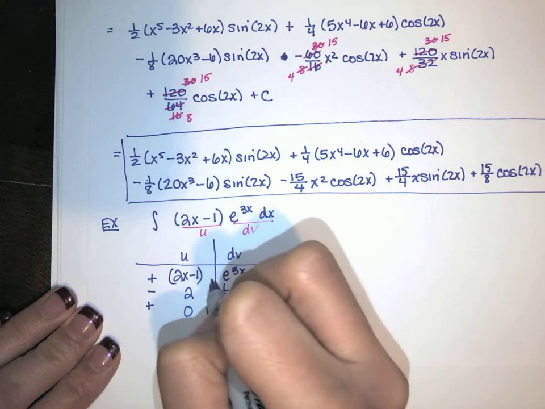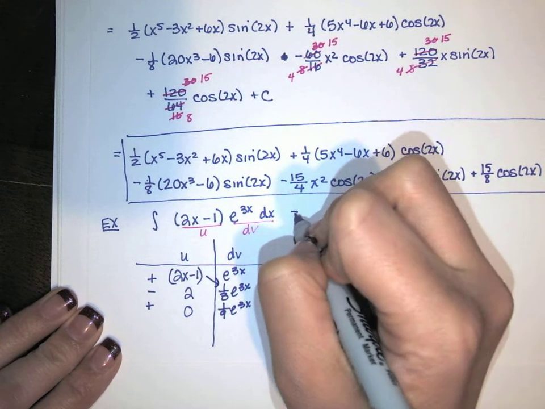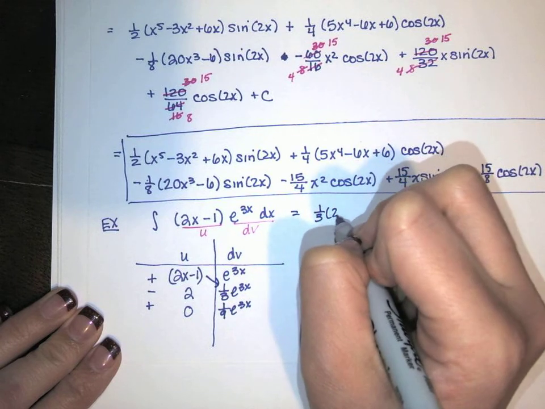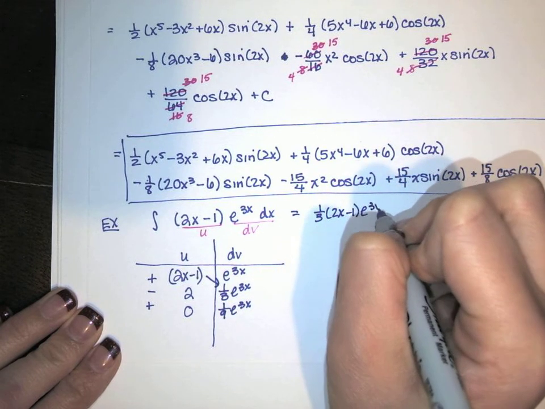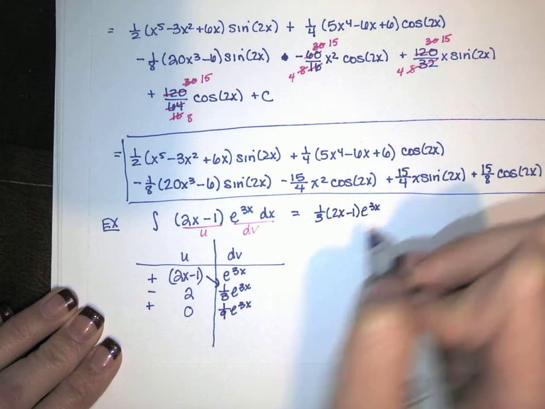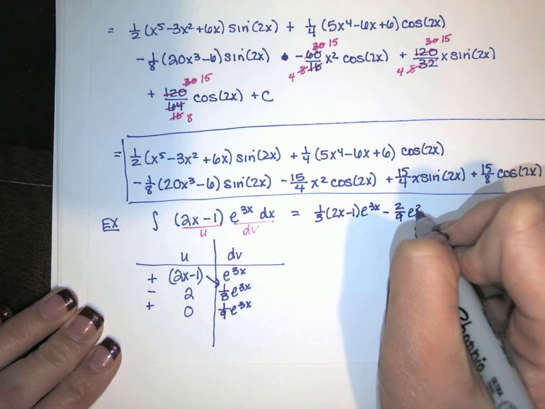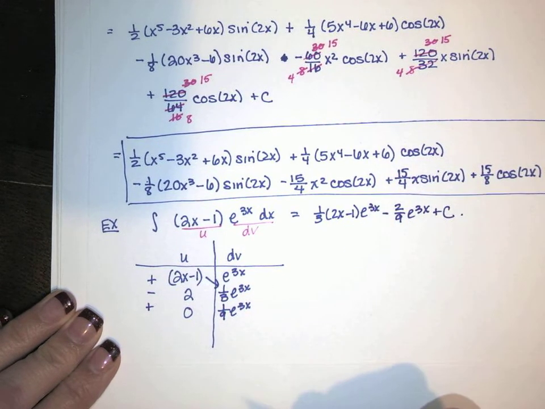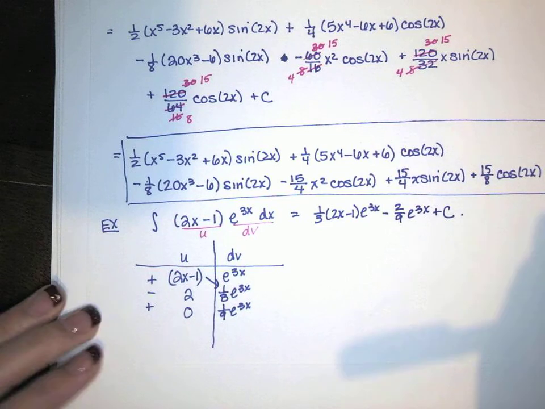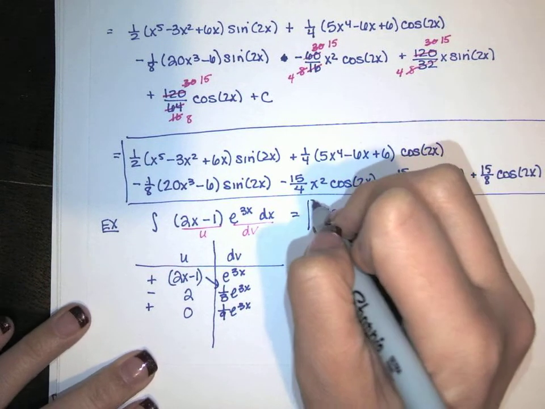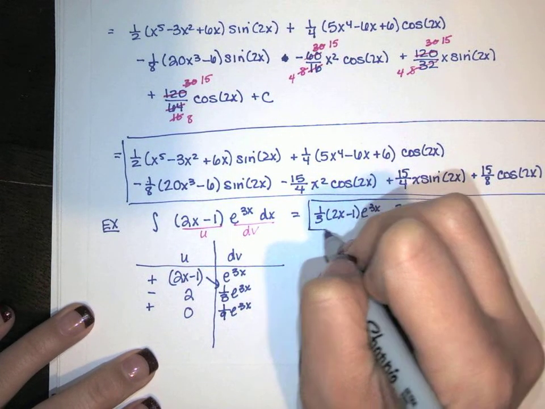Now multiply across the diagonals. And then add, then multiply, change the sign, and then add, and you're done. You could simplify that as well, but you don't have to.